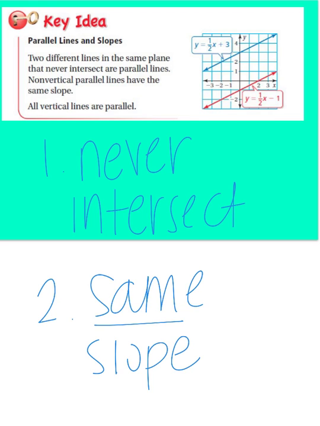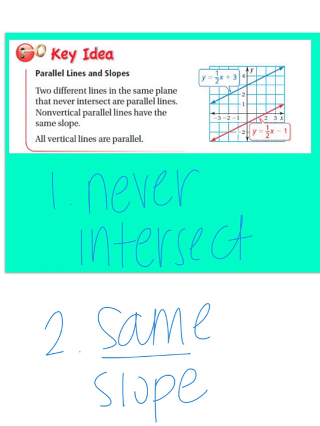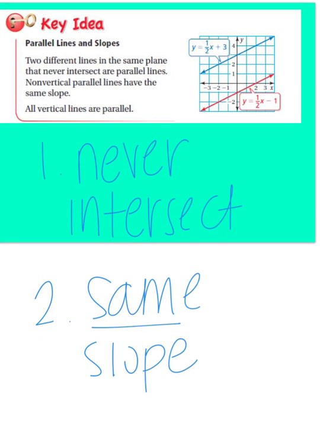So we're going to continue that idea from yesterday of finding slope and comparing it. If you look in this example above, this blue line up here has a slope of 1/2, and this red one down here has a slope of 1/2. So these two lines are parallel because the slope is the same.